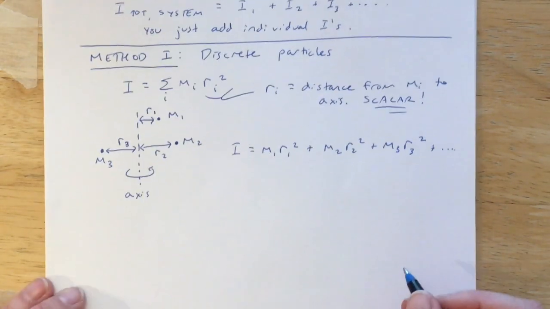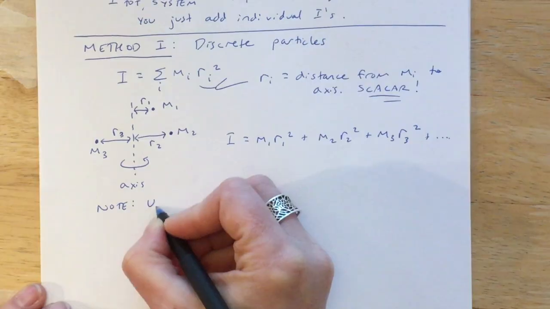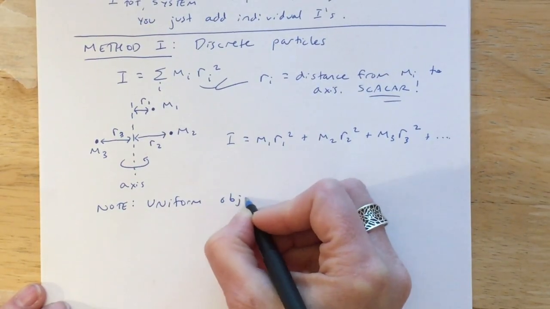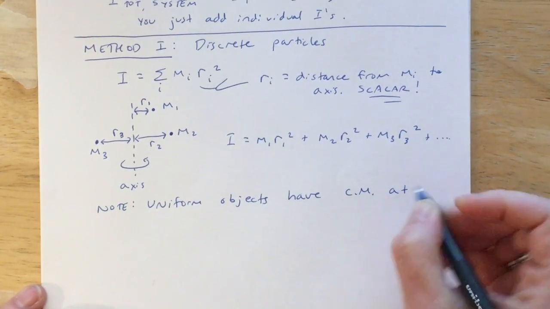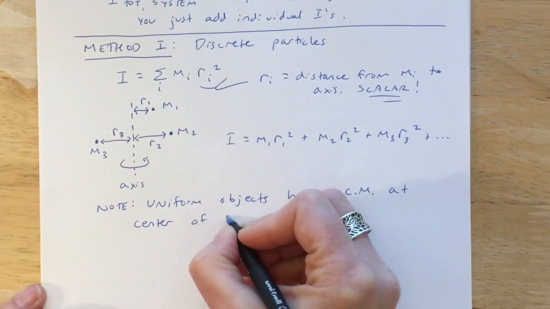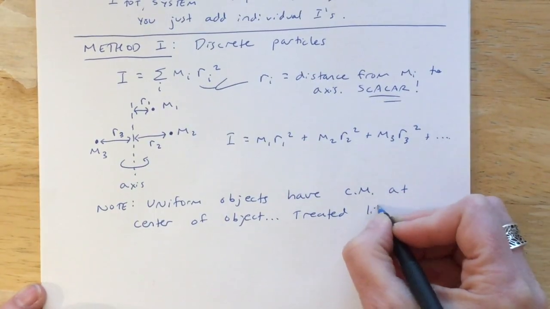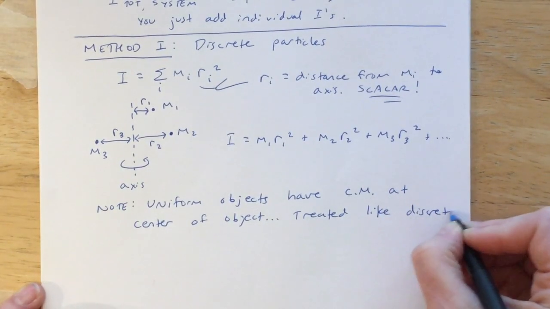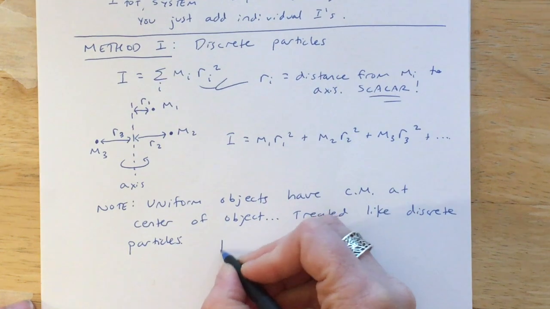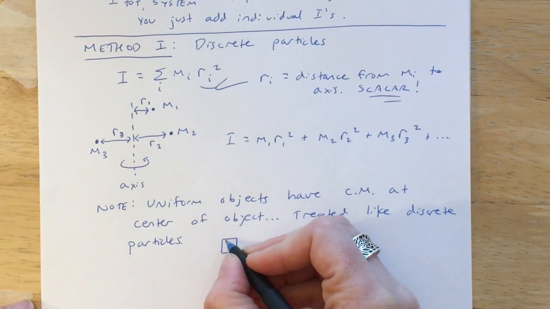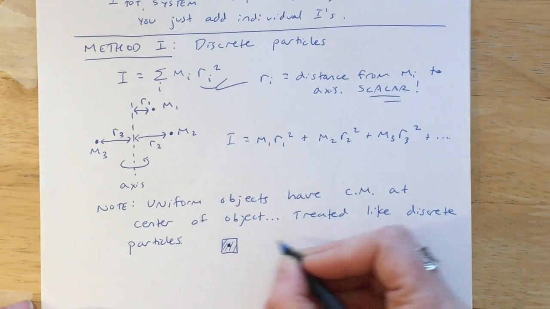So one thing to note with this first method is it can apply to discrete particles. We can also note that uniform objects have their center of mass at the center of the object. And so they can be treated like discrete particles. Meaning that if I had some uniform square, it can be treated like a particle with a mass at its center.